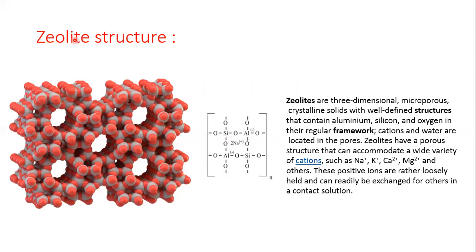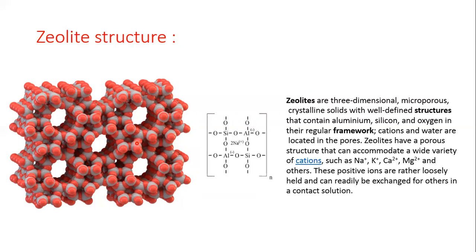Now we'll talk about zeolite structure. Zeolite is a three-dimensional, microporous and crystalline solid. It contains aluminium and silicon, and between silicon and aluminium, oxygen is shared in their regular framework. These are the pores which are present in the zeolite structure. In these pores, cations and water molecules are located.